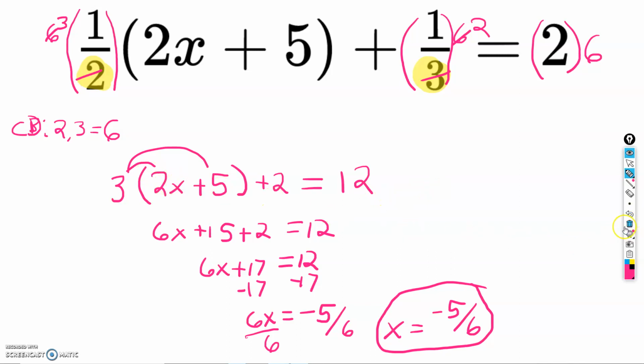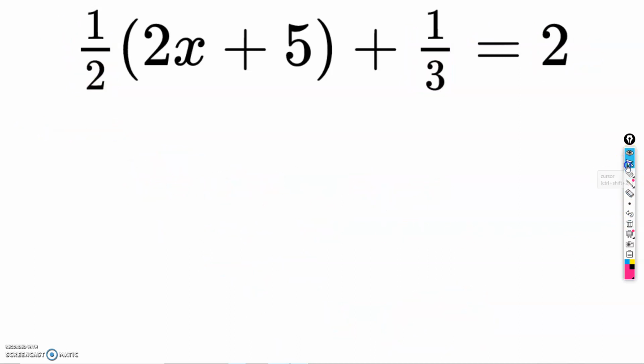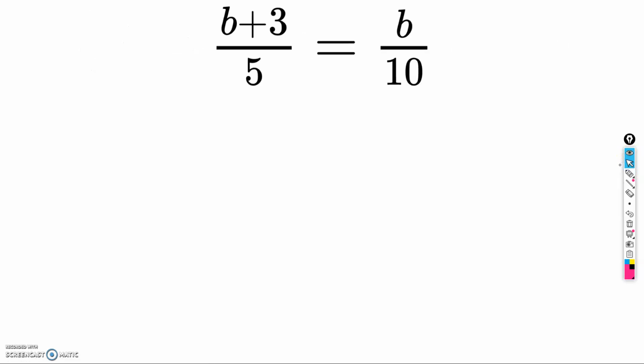All right, let's see one more example. So now what if I just have fraction equal fraction? What do we do? Well, we can do it exactly the same way that we've been doing it. So step 1, look at the denominators. My denominators are a 5 and a 10. So, common denominator of 5 and 10.